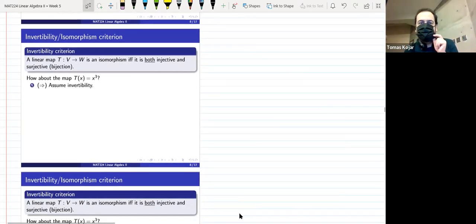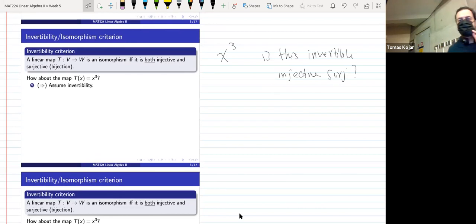How about the map x cubed? Is this invertible? Is it injective, surjective? Here and in the chat, can people tell me what's going on? Is x cubed injective?